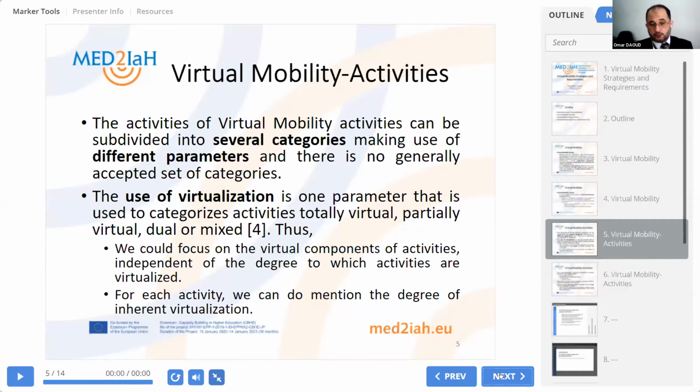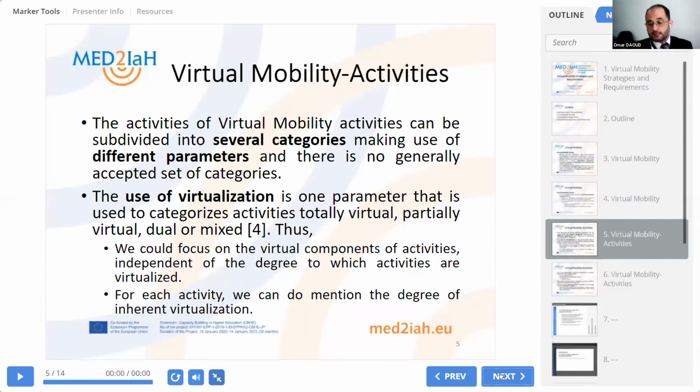So we could focus on the virtual components of activities independent of the degree to which activities are virtualized. For each activity, you can mention the degree of inherent virtualization.